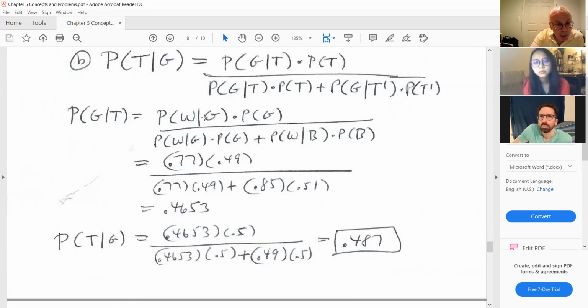The probability of W given G times the probability of G. Okay? Divided by the process worked, plus the probability the process did not work.